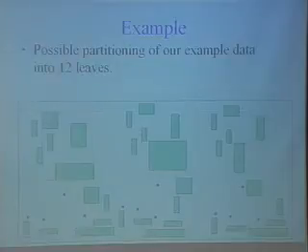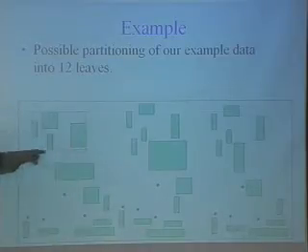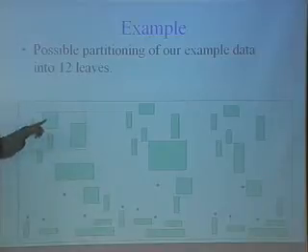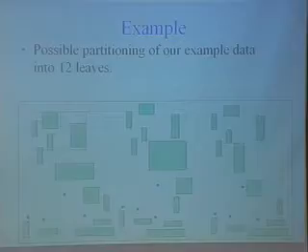All right, so let's look at a possible grouping of our rectangles into leaves, and I'm going to group them into a total of 12 leaves, because this is possible only if you have at most 48 rectangles. All right, so my first grouping will contain these 4 rectangles. I'm going to toss them all into one leaf node or one data node.